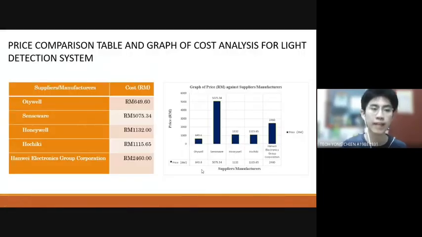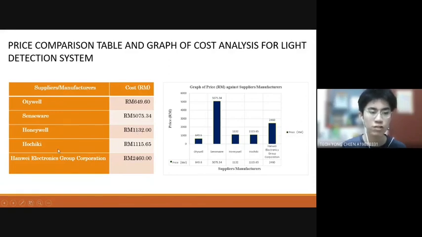Okay. Next, I'm going to talk about the cost analysis for the light detection system. Now there are 5 suppliers or manufacturers here, and there's the cost. Okay, we're going one by one. First, Oatwell with the cost of 649 ringgit 60 cent, and then Sansware 5075 ringgit 34 cent, and then the Honeywell manufacturer gives the cost of 1132 ringgit.